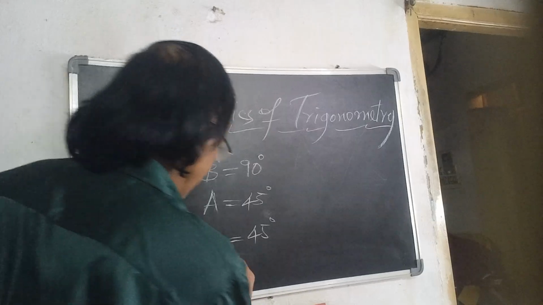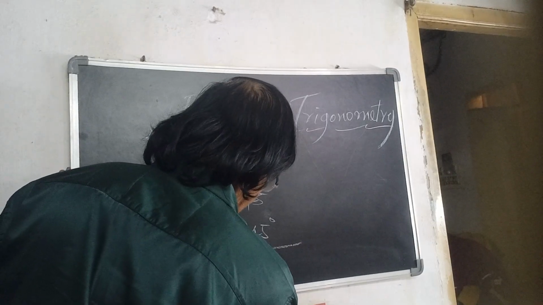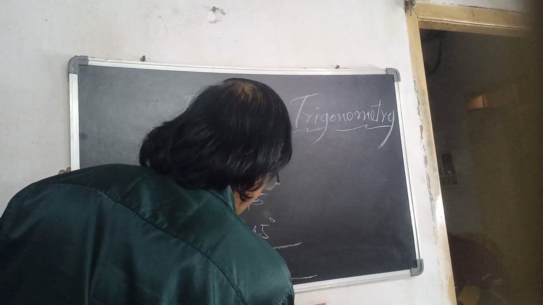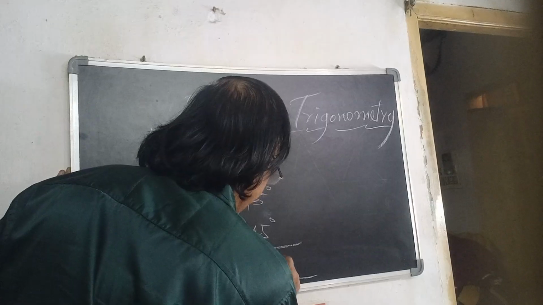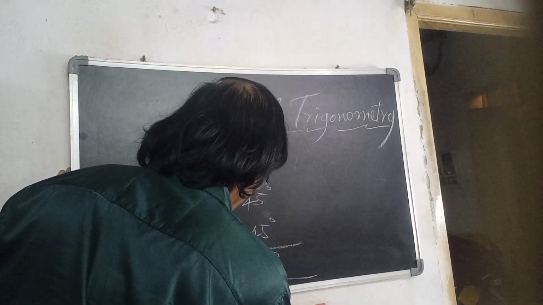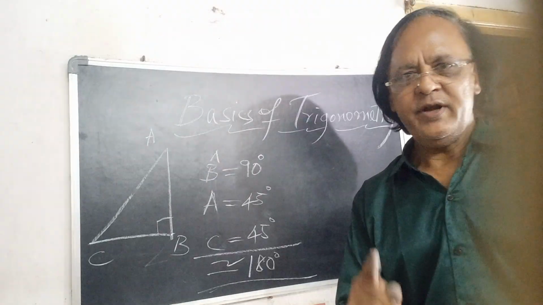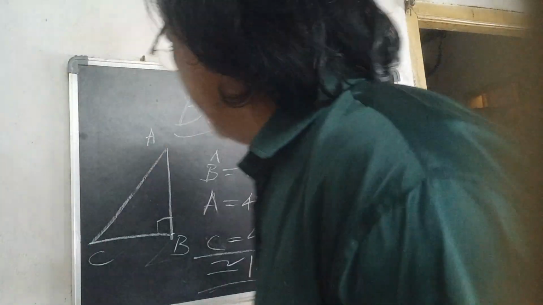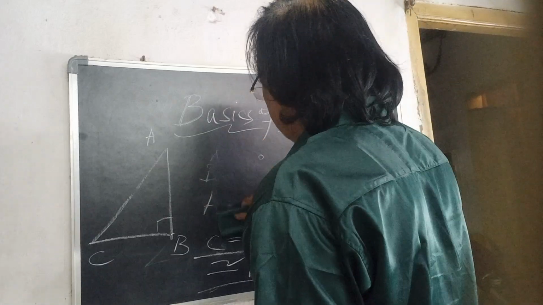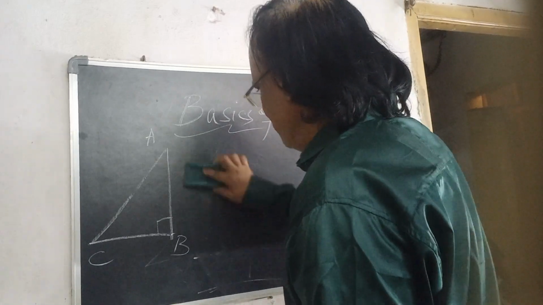Remember that. Add all three angles, you will get 180 degrees. The sum of the three angles is 180 degrees, right? Now, the basic formulas of trigonometry I will show you.